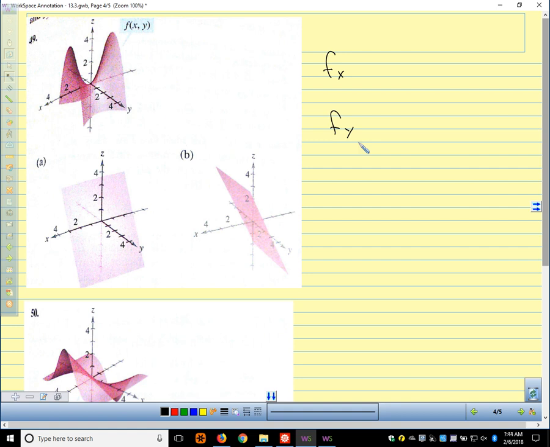In A, x is constant. Yeah, but that's your partial derivative with respect to y. Which way is the B plane going? B is along the y axis. It's going like this. So B, because if y is a constant, it has to be a plane.